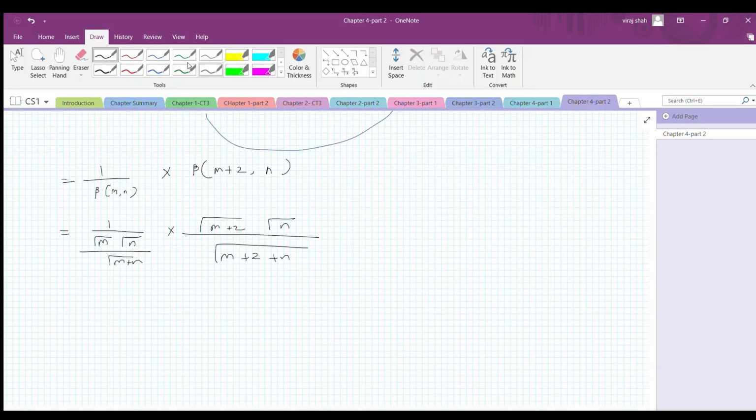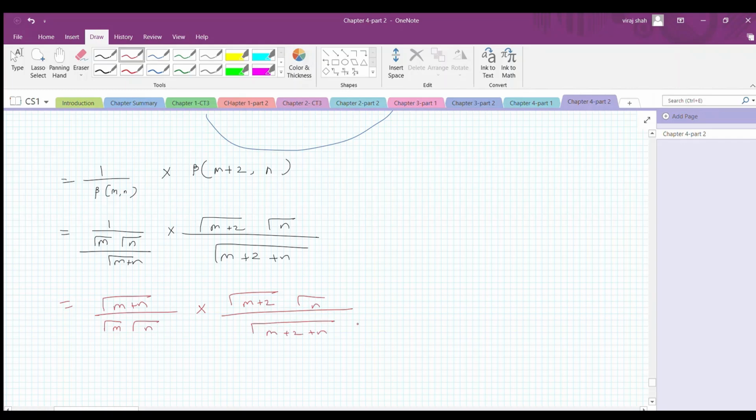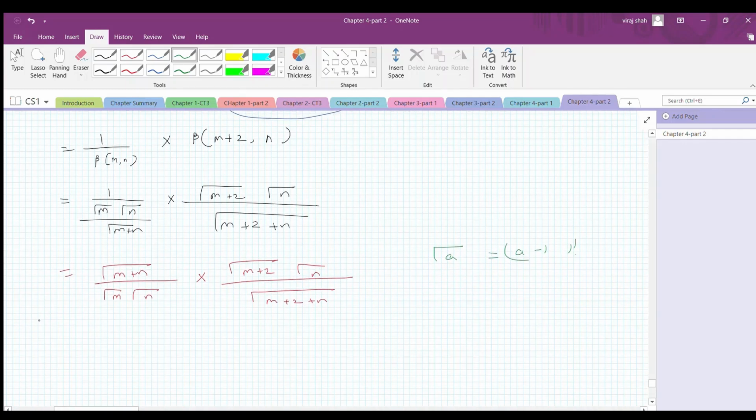Now simplifying it, I can write this as nothing but gamma of m plus n upon gamma of m, gamma of n, right? I can write this as gamma of m plus 2 gamma of n upon gamma of m plus 2 plus n. Now I'm writing it in the form of factorial. So what is the formula for gamma of a? It would be a minus 1 factorial. So I can write the first term as nothing but m plus n minus 1 factorial, right?